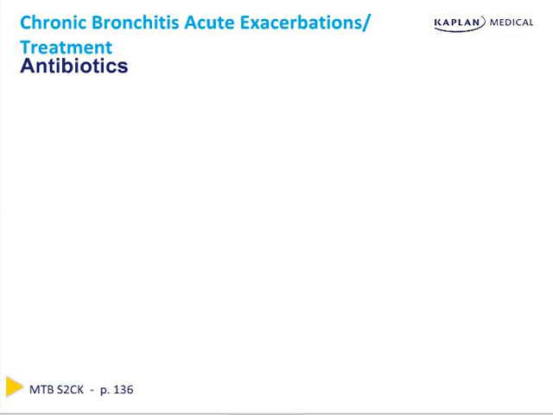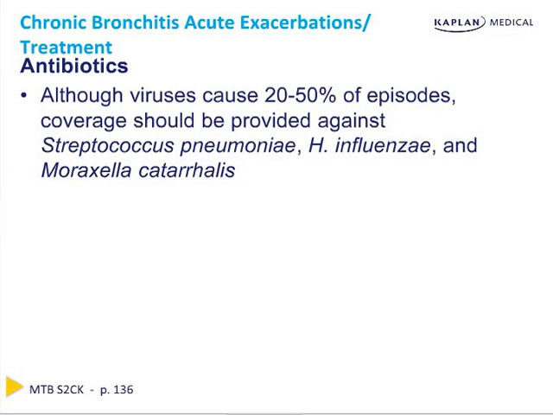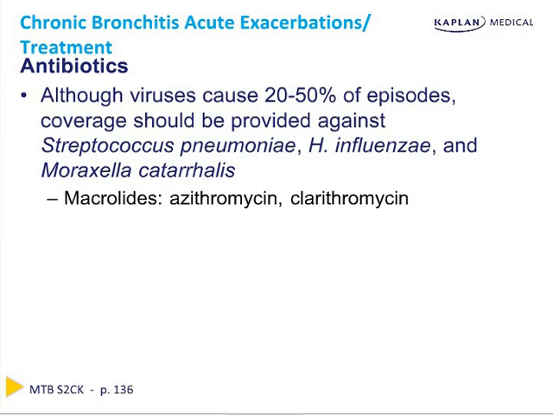In terms of which antibiotics to choose, we must remember that while viruses cause 20 to 50% of episodes of COPD flares, our antibiotic coverage should be targeted against strep pneumo, H. flu, and moraxella, these being the three most common bacterial pathogens to cause a COPD flare.